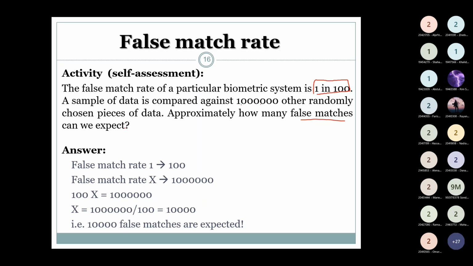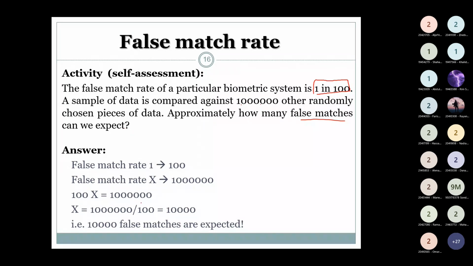Here you have a biometric system whose false match rate is about 1 in 100, and you have a database that contains 1 million samples, for example. So approximately how many false matches can we expect?